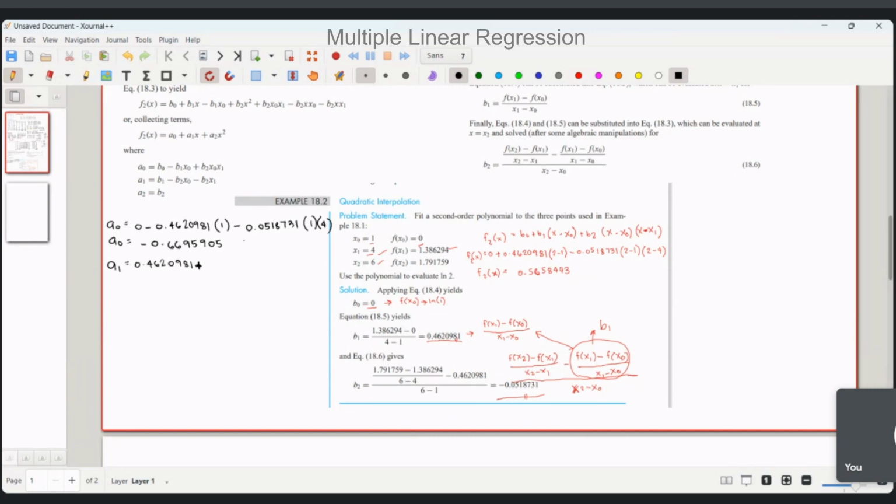Follow? 0.0518731 multiplied by x0 plus x1 minus B2 multiplied by x1, 4.